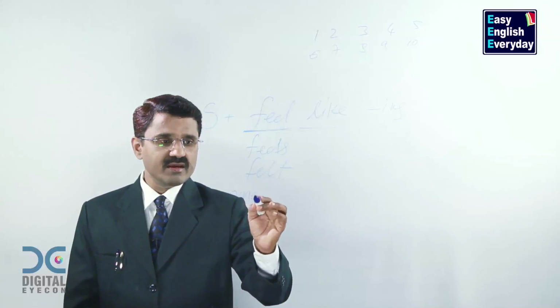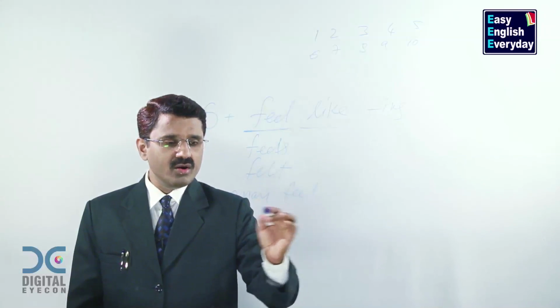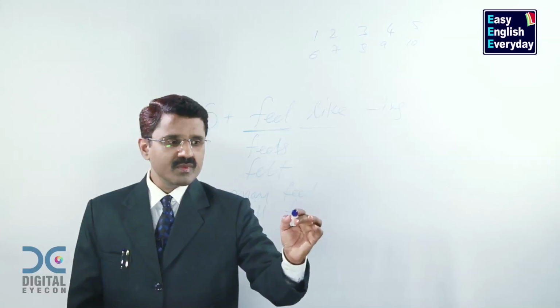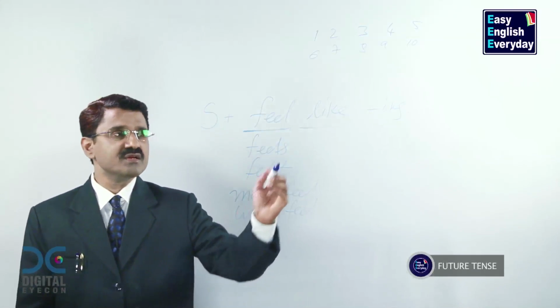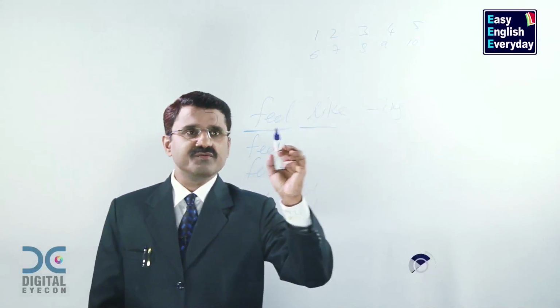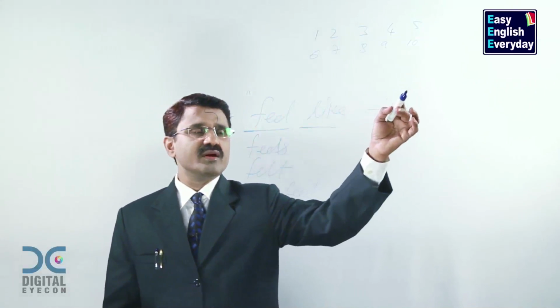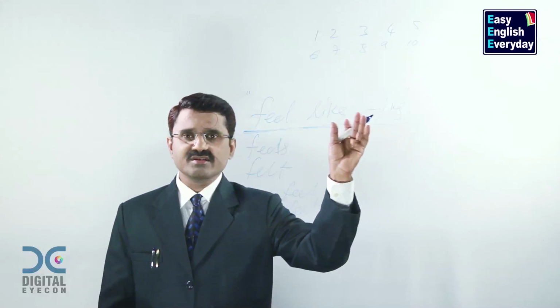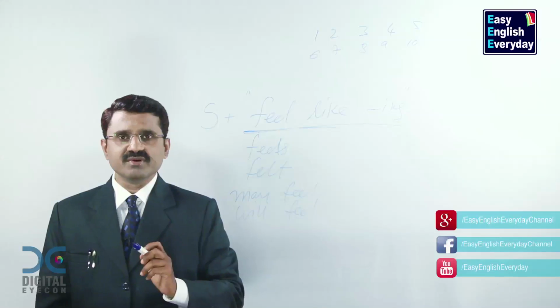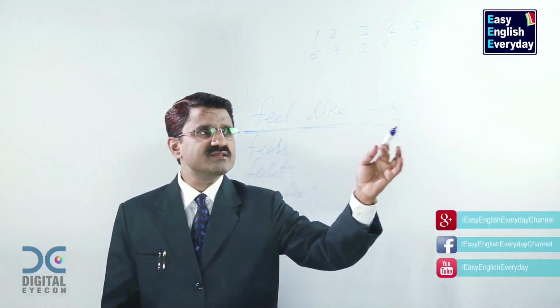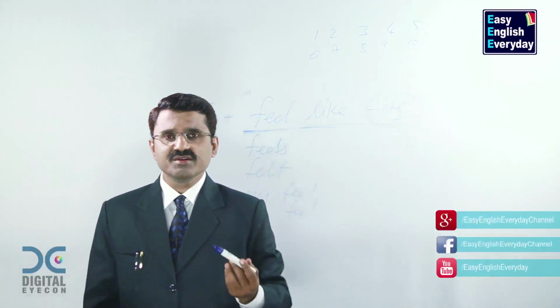Then you may say may feel or will feel or should feel, must feel for future tense. Like ing form. So this is common. You are not going to make any changes to this part. This is fixed. Now start making examples, and all that you need is large number of ing forms.